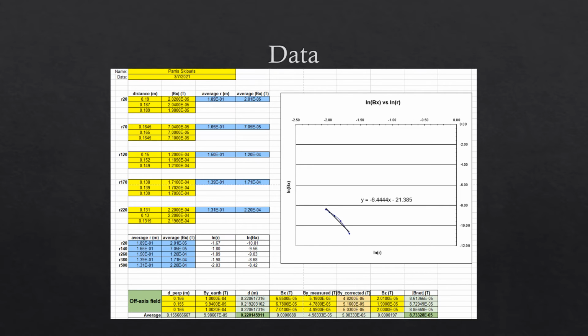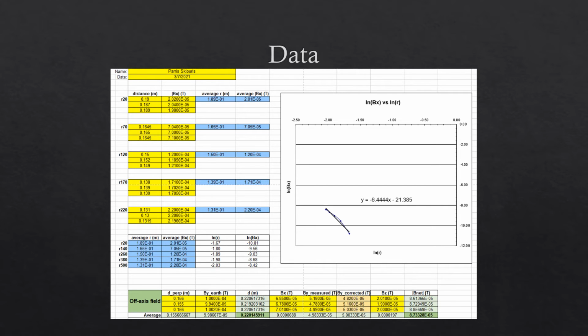Shown here is my data found during the physical part of the experiment. During this part, we used the phone's magnetometer sensor to find the magnitude of the magnetic field created by the bar magnet at different field strengths. One thing I found is that as the distance from the magnet increases, the magnitude of the magnetic field decreases. On the left in yellow are the magnitudes of the magnetic fields and the location of those fields.